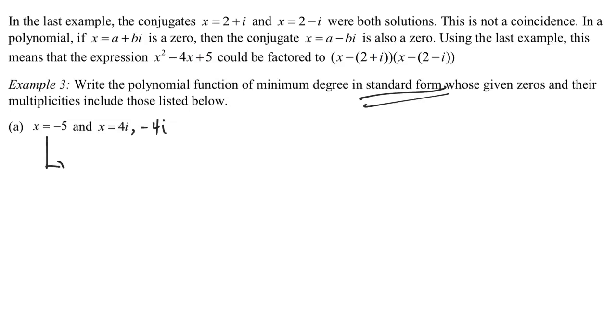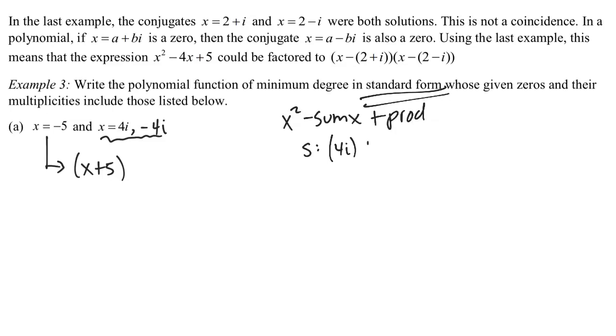Okay, so for this real 0, x equals negative 5, that means I'm going to have the linear factor x plus 5. And what I'm going to do for these imaginary zeros is I'm going to use my shortcut that I introduced to you a little bit earlier to write my irreducible quadratic. And so the first thing we need to find is the sum of 4i and negative 4i, and that ends up giving me 0.